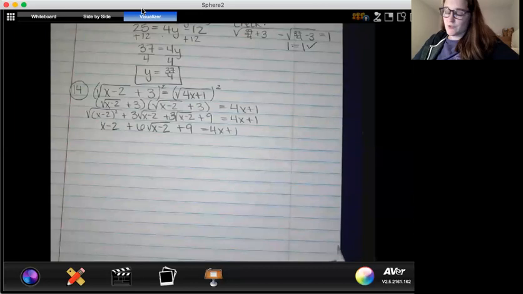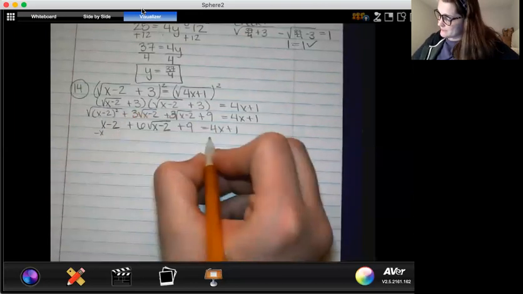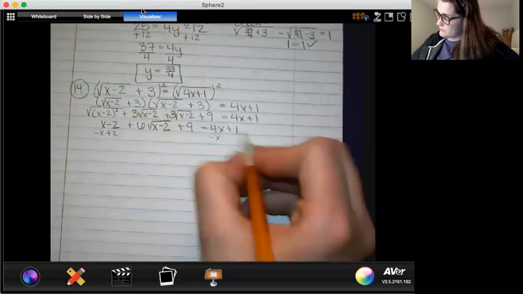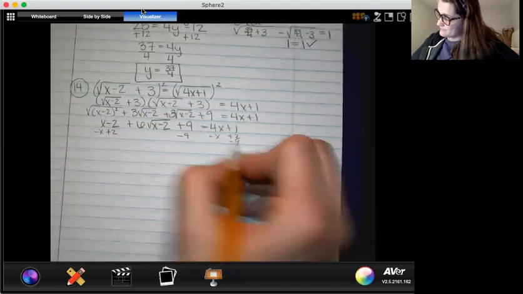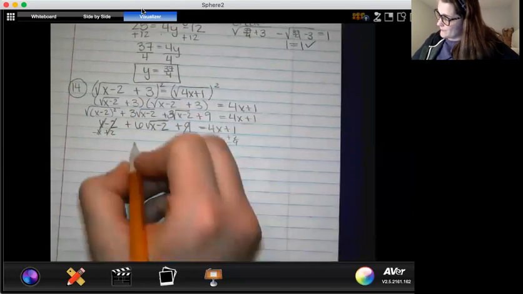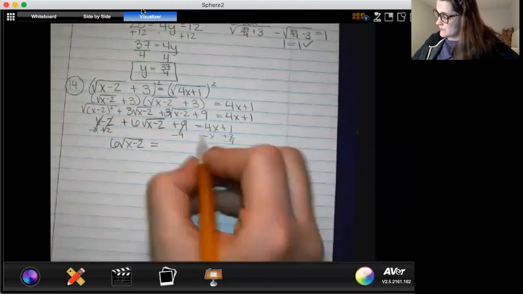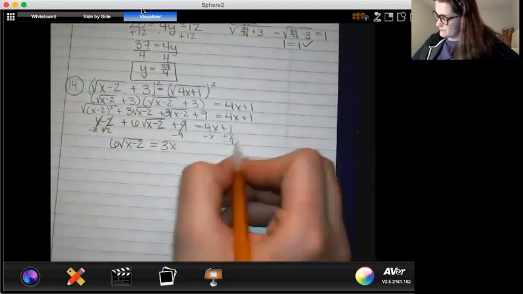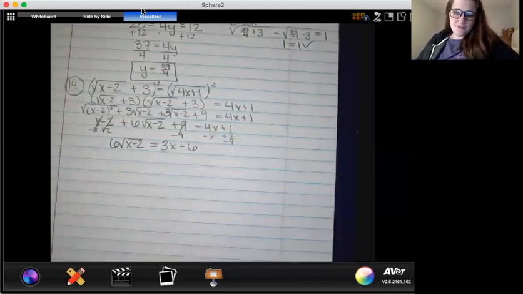Okay, now I'm going to isolate the radical. So I'm going to subtract x. I'm going to add 2, and I'm going to subtract 9. So 6 square root of x minus 2 equals 3x minus 6. Okay.